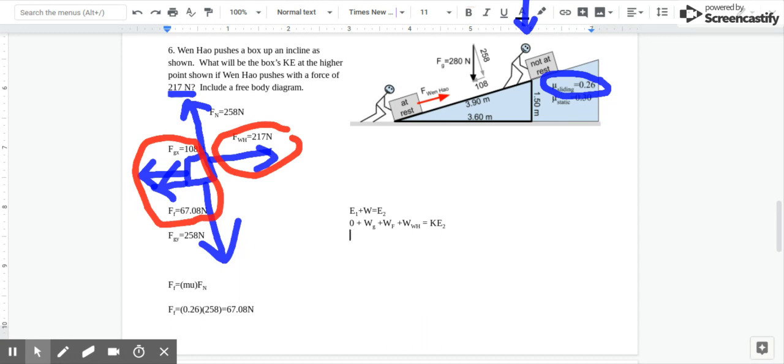So 0 plus work of gravity is a negative 108 times the D, which is 3.9, plus the work of friction is going to be a negative 67.08, again times the 3.90. And then Wenhow is going to be doing positive work, so 217 times the 3.9, and that's all going to be equal to KE2.